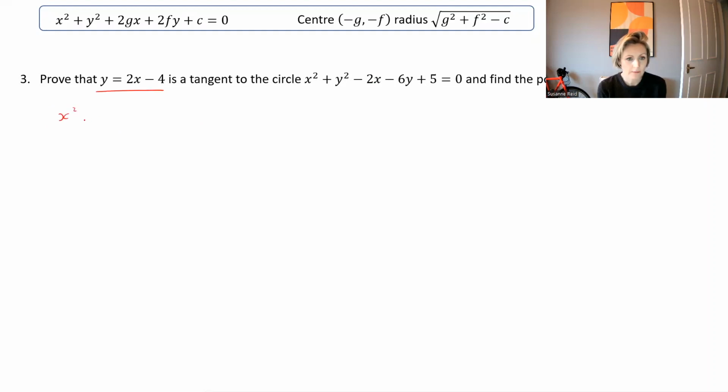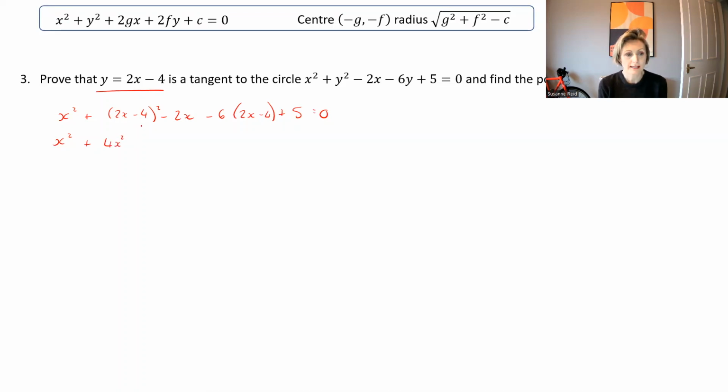So x squared plus y squared becomes 2x minus 4 squared, minus 2x, minus 6y's plus 5 equals 0. So square the first thing. So 2x squared is 4x squared.